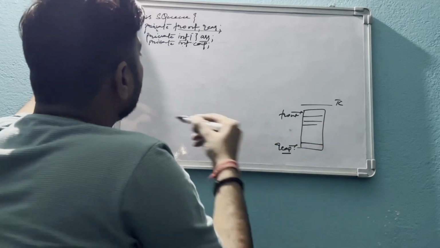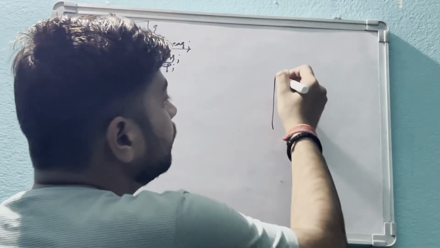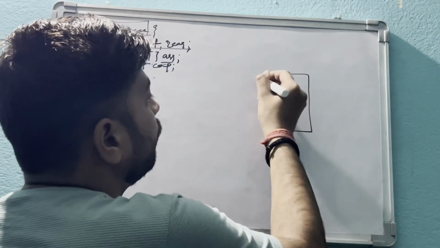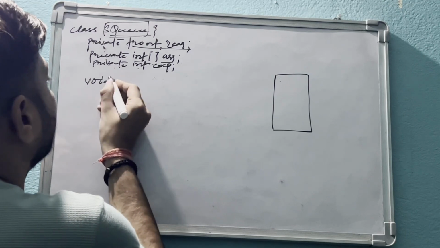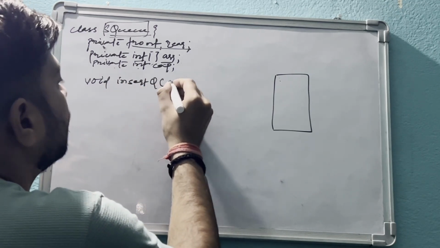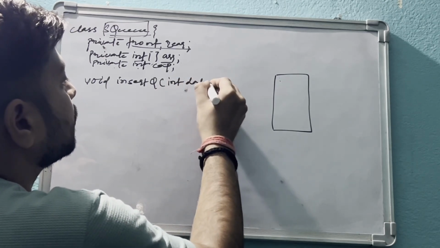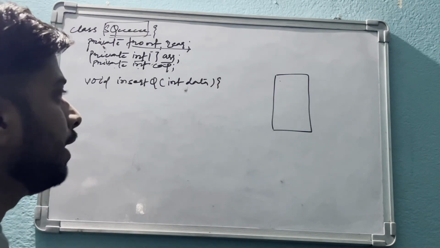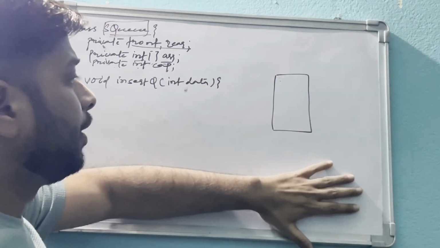So now we need to insert an element, right? Let's say we do have a queue. I'll just write the method right here. Void insertQueue, and I need an argument that is data. I need to insert it, right? So I need to first check if our queue is empty or full.